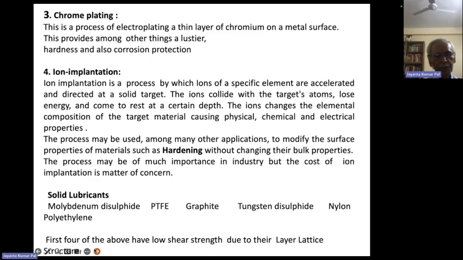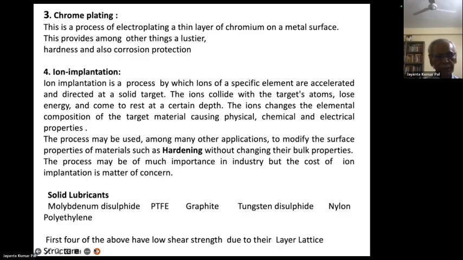But from the mechanical point of view, it is an excellent way of hardening the surface without changing the bulk properties. So this is a hardening method. But here the problem, although it's a very robust method, is that the process is costly. And this is why in many cases the process is not used or avoided.